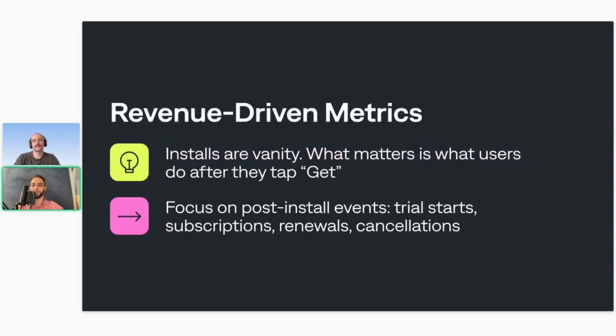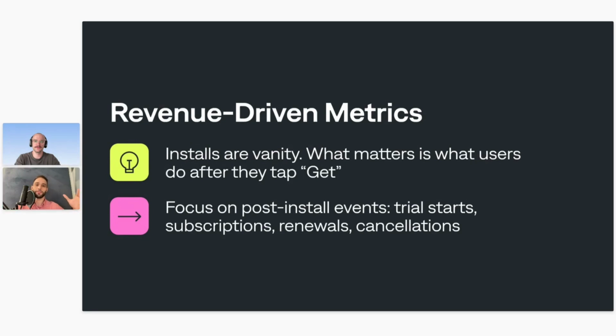Revenue driven metrics. So what to actually track? One of the biggest mistakes we see is teams optimizing for installs, but installs are just the beginning. They don't pay your bills. What matters is what happens after the user taps get.